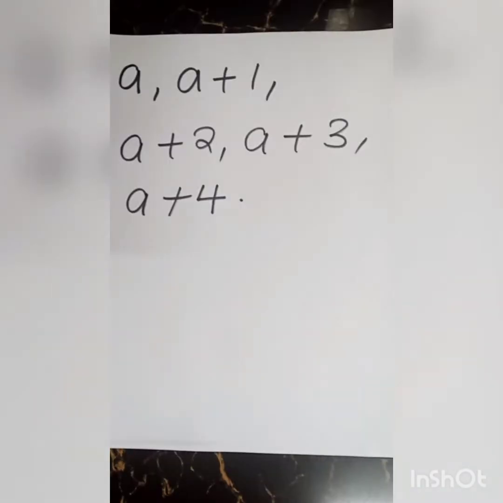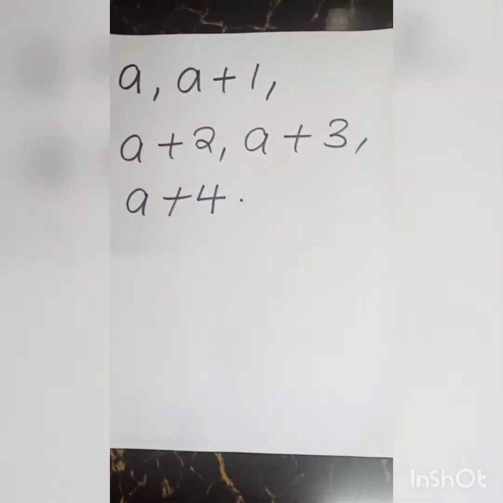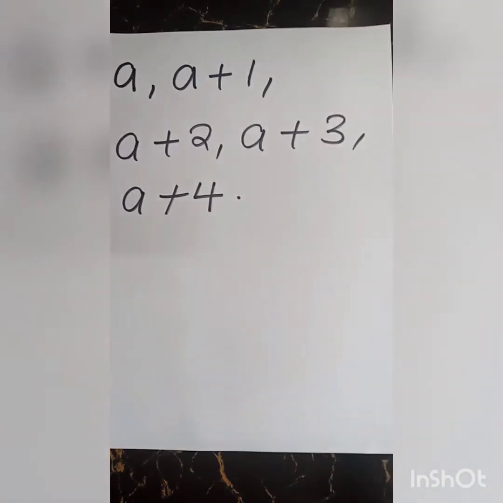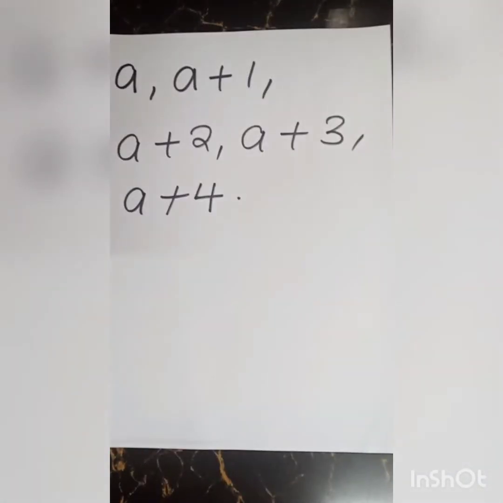And since we've been told that the sum of these 5 consecutive whole numbers is 150, we need to add these numbers, okay? So let's add them.